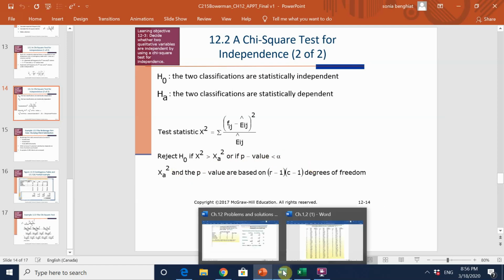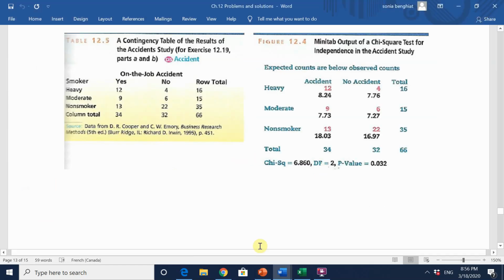So that is pretty much all for the chi-square test to see if two variables are independent or not.